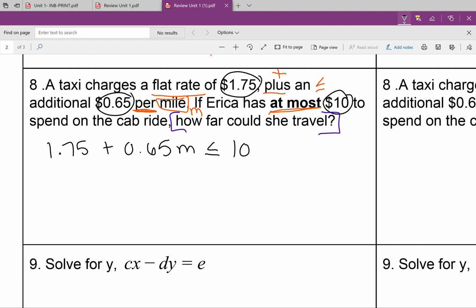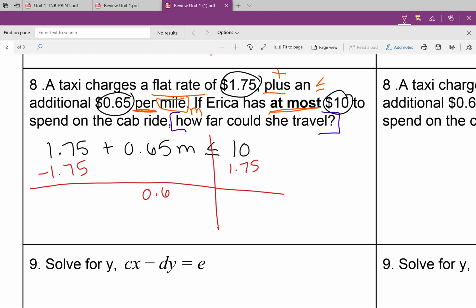Okay, so now we just need to solve this two-step inequality. So first I'm going to subtract 1.75. So $10 minus $1.75 is $8.25. So I'm left with 0.65 M on one side and $8.25 on this side.